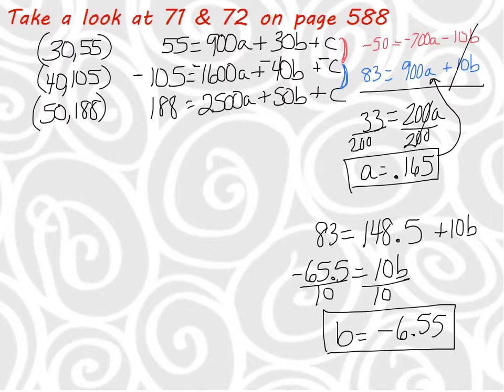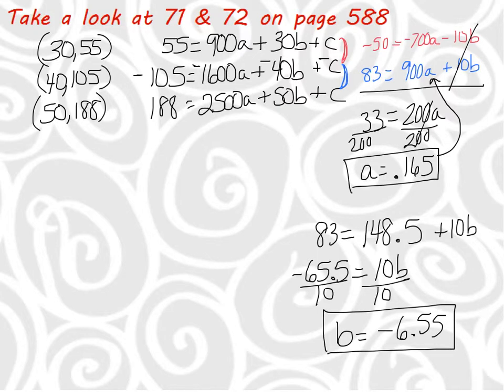All right, so now we have b, we have a, the only thing missing is c, and so we can plug that back in to any one of those original three that we want to. Take the a and the b, and let's go ahead and plug them back into maybe just this top equation. It has the lowest numbers there, so we'll try that.